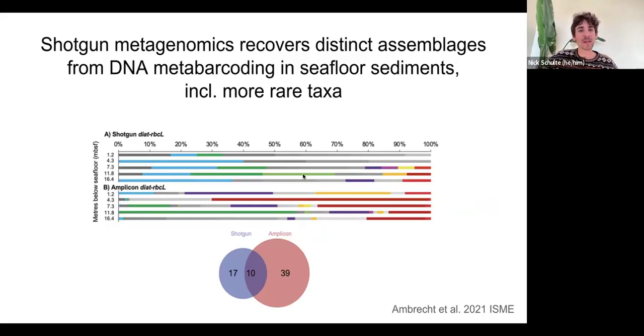They found pretty distinct community composition between shotgun and amplicon and pretty distinct taxa as well, not a huge amount of overlap. But that said, shotgun data did detect more rare taxa, whereas amplicon data kind of ran away with really abundant stuff. The abundant stuff dominated and drowned out the non-abundant diatoms.